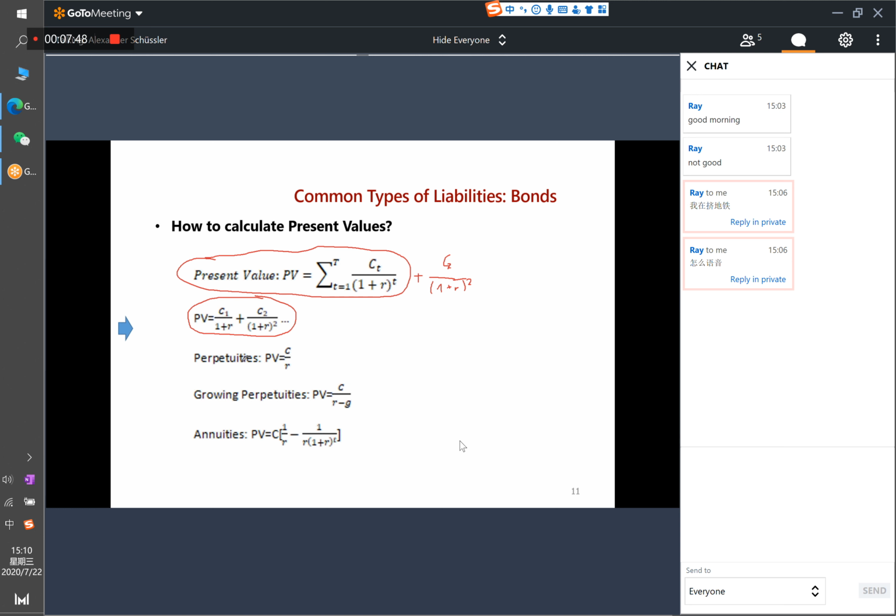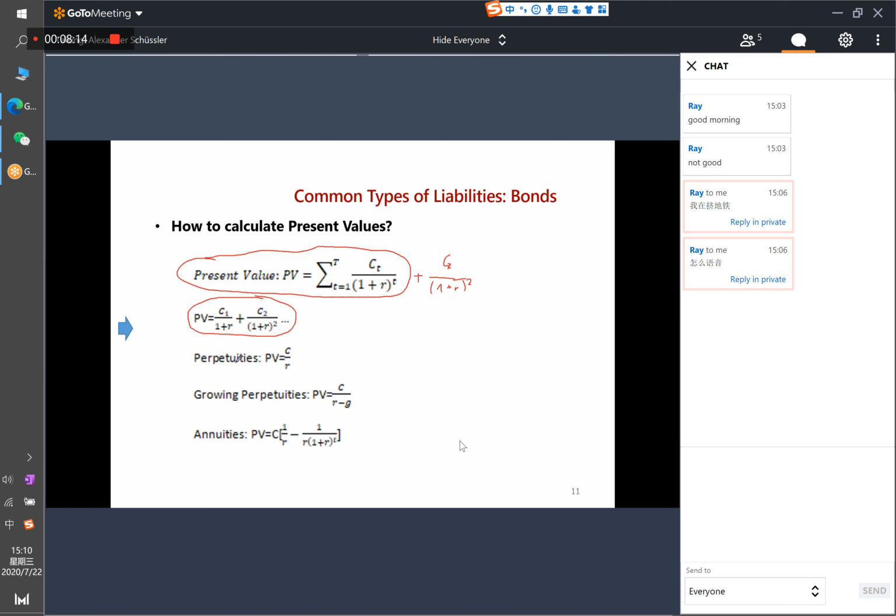Then we have present value formulas for special circumstances. A perpetuity is a cash flow stream which is the same every single year and goes on forever.